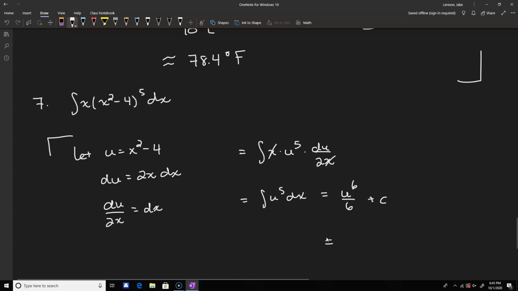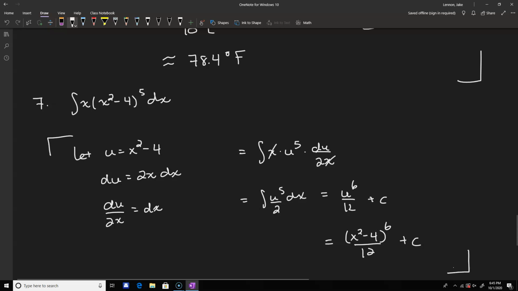For these indefinite integrals, we need to switch back to x's. So this is really just, oh, you know what I did forget? I forgot about this 2. The 2 didn't go away. So that's u to the 5th over 2, and then when you divide by 6, 2 times 6 is 12. So this is u to the 6th over 12. So we replace u by x squared minus 4, and we get x squared minus 4, raised to the 6th power, over 12, plus a constant.